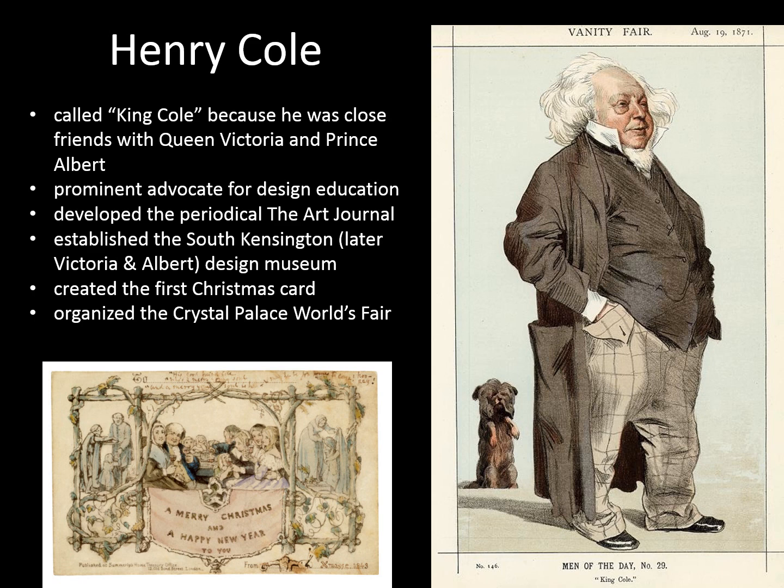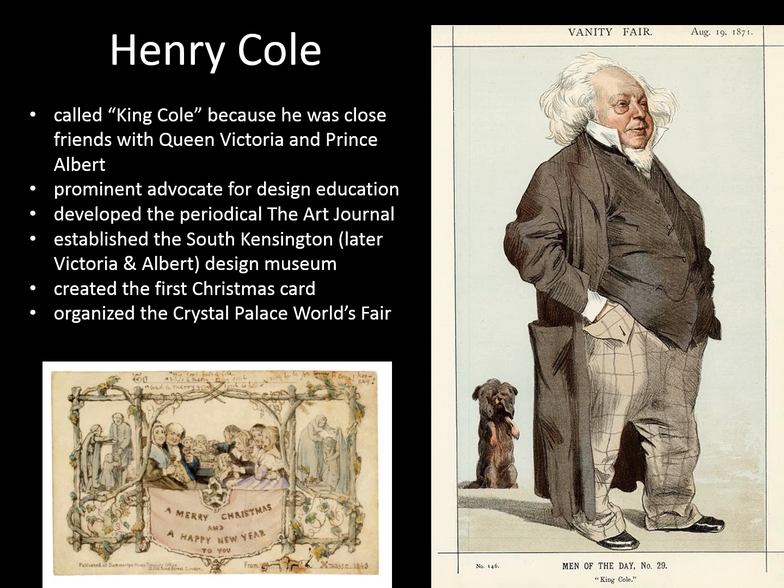Another major reformer is Henry Cole. He was actually nicknamed King Cole because he was that close to Queen Victoria and Prince Albert, right? So he was sort of their buddies. And he was really involved in starting, advocating for design education and these kind of government-sponsored schools.